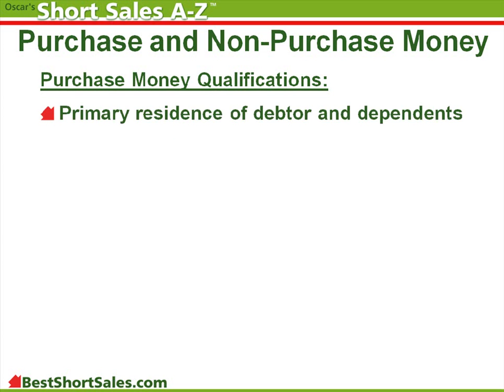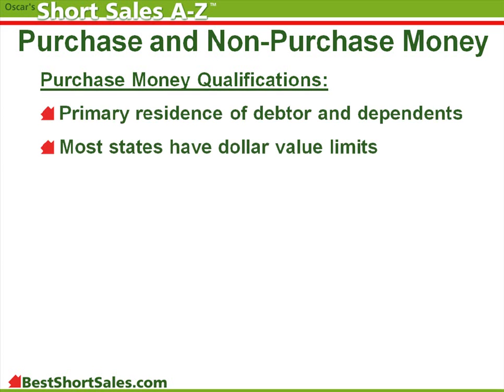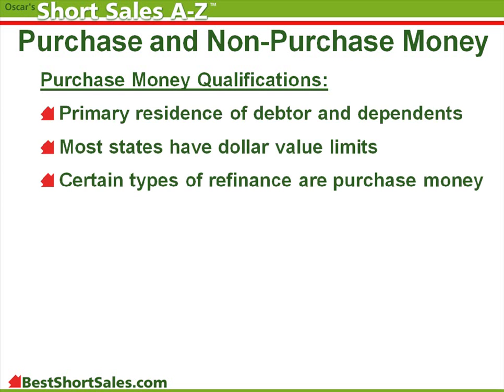In most states, the concept of purchase money applies only to a debtor's primary residence and the primary residence of dependents. Most states have dollar value limits on what can be considered purchase money. Some states consider certain narrowly defined refinances as purchase money.